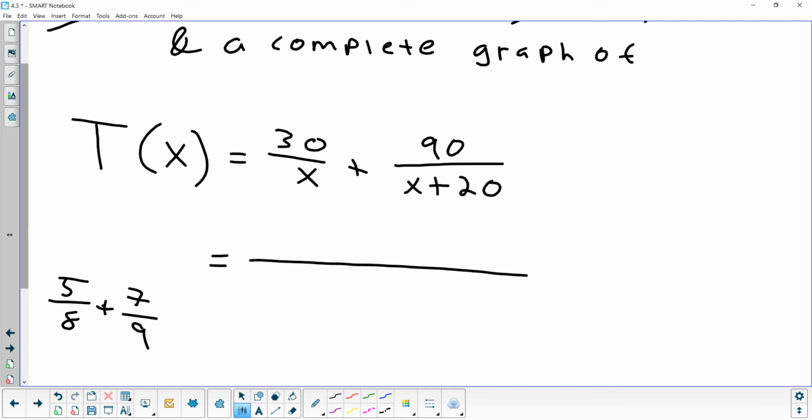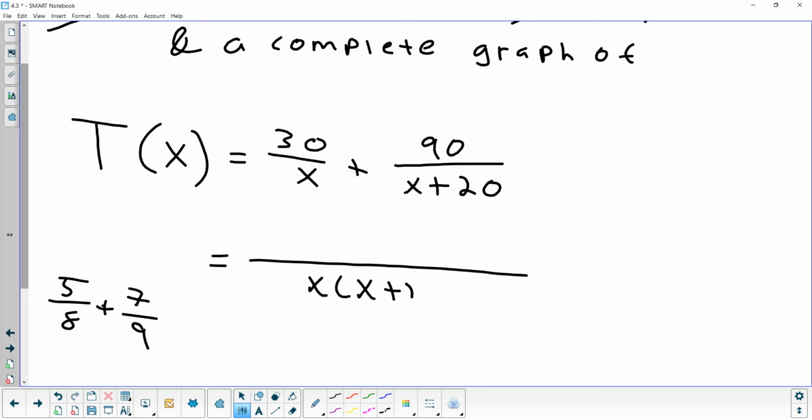How'd you get that? Multiplying both of them by 9 and 8. Yeah, multiplying each denominator by the other one. The easiest way to find the common denominator is just multiply the two that you already have. So what would be our common denominator here? You don't have to FOIL it out or distribute it out. It would just be x times x plus 20.